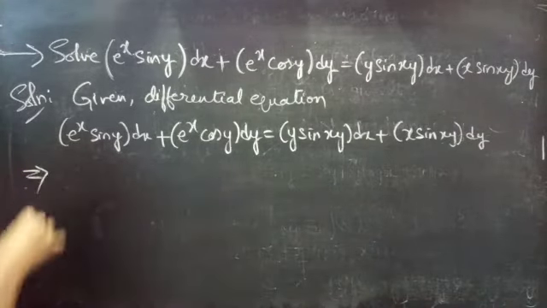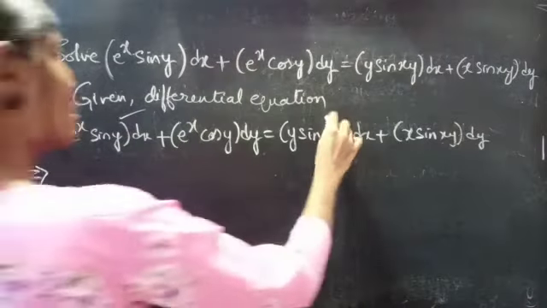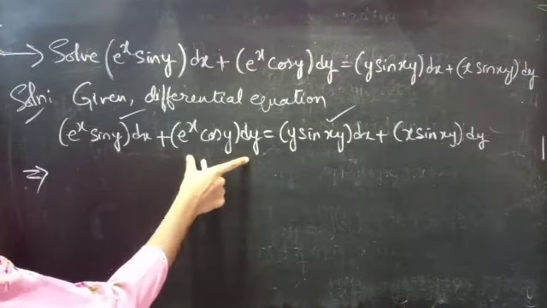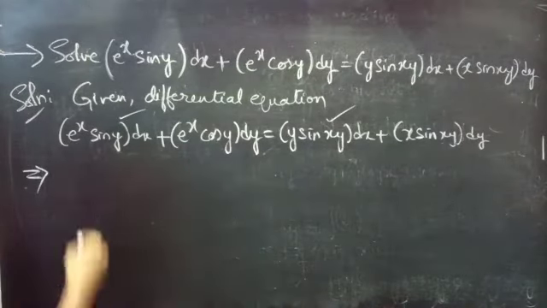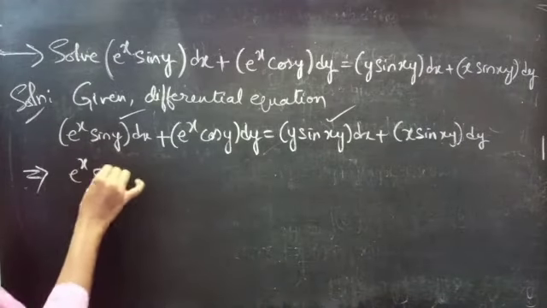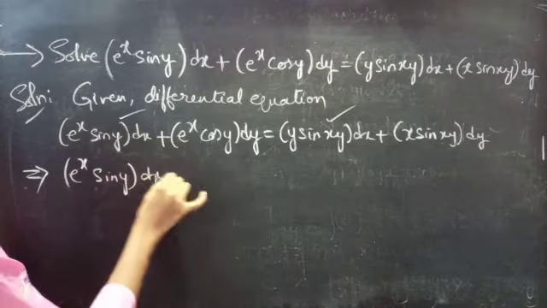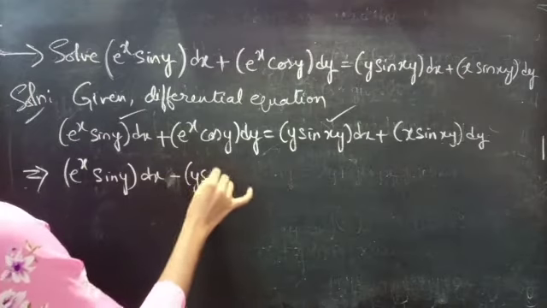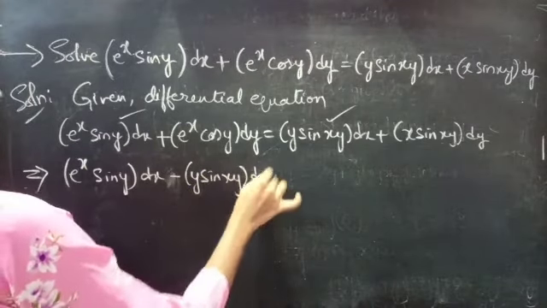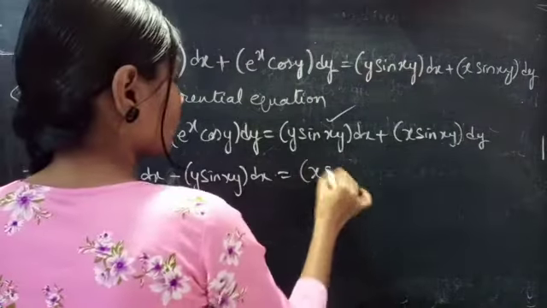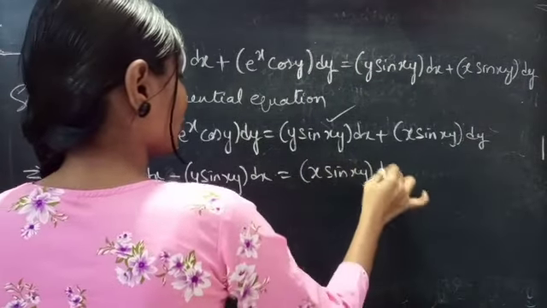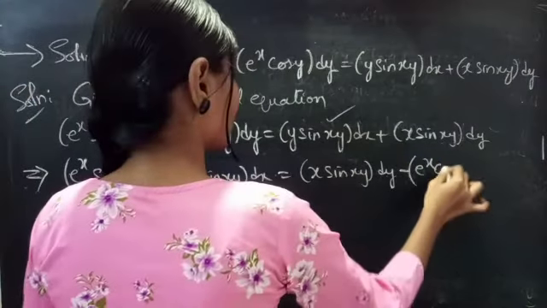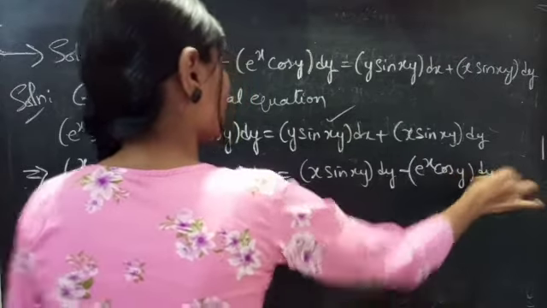Okay, then we'll write the terms containing dx on the left side firstly, and we'll take the term containing dy to the right-hand side. Then e^x sin y dx, this becomes minus y sin(xy) dx, equals x sin(xy) dy minus e^x cos y dy.